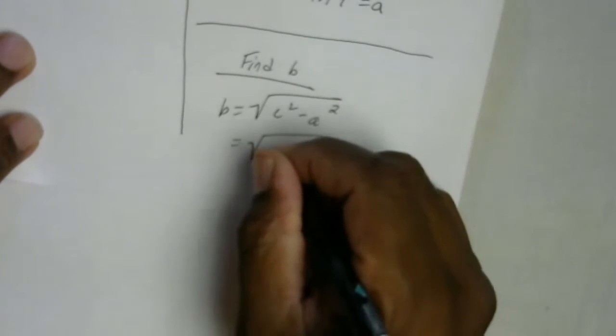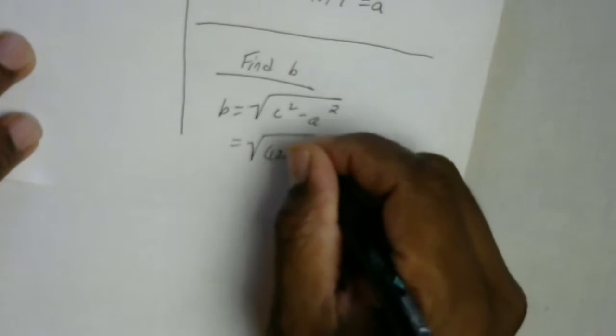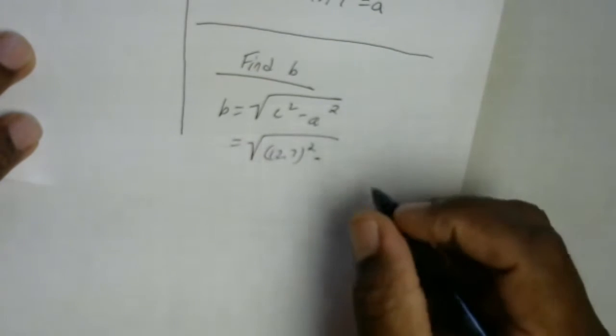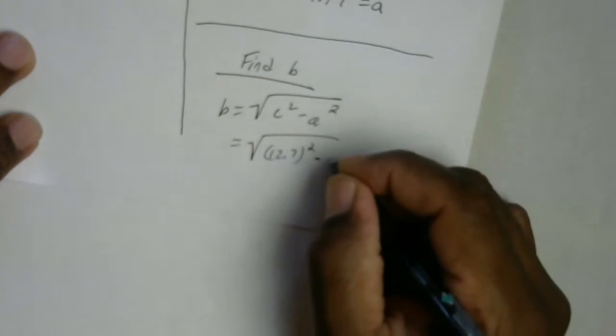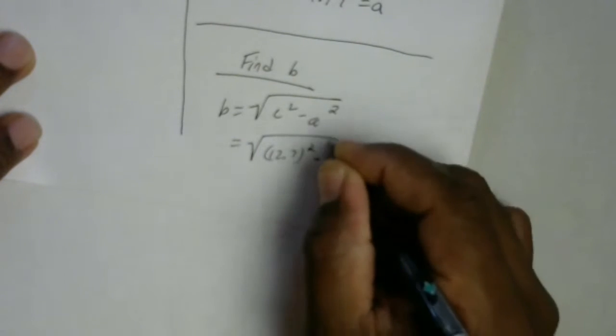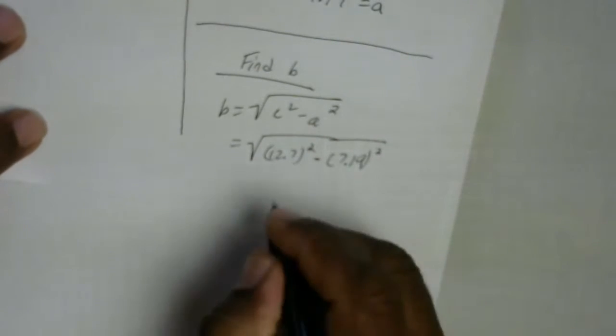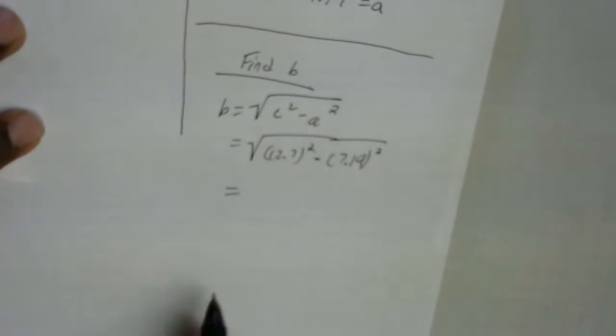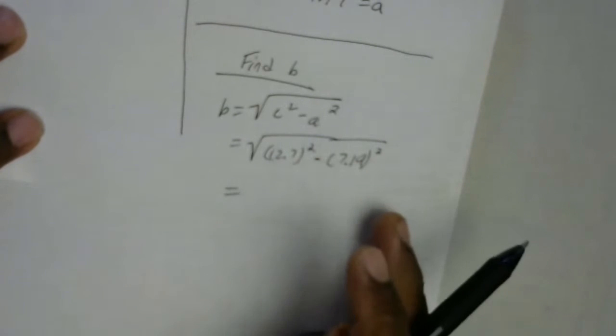C was 12.7 minus A squared, and A was 7.19. And I'm just going to enter this wholly in my calculator.